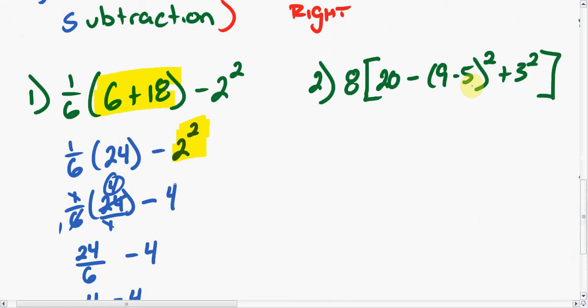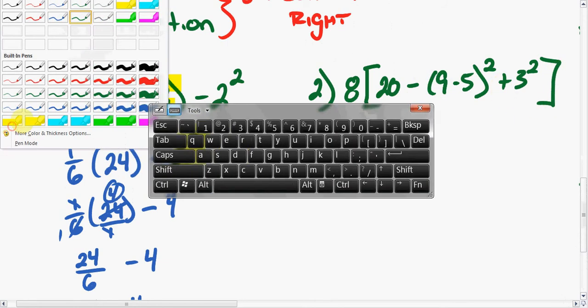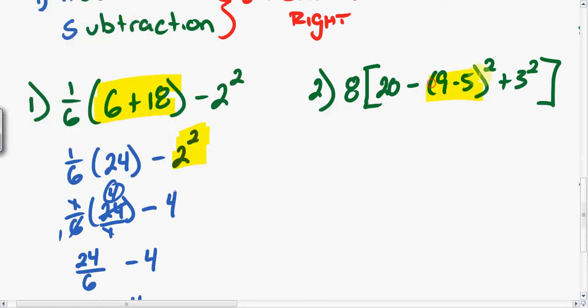So the first thing we're going to do is we know PEMDAS. So first thing is parentheses, and I said we have 2. So we want to look at the innermost parentheses, which occur right here. So we've got 9 minus 5.